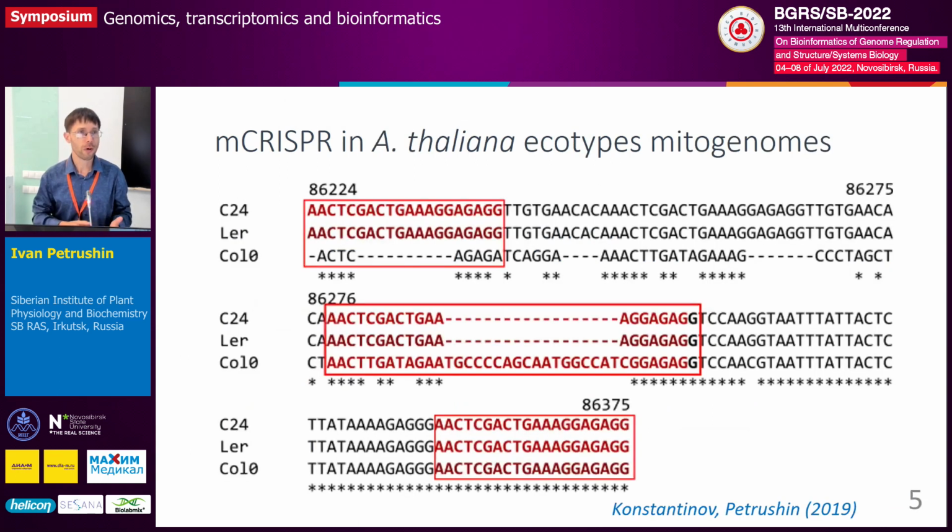You can see on the figure the structure of this CRISPR array. The direct repeats are marked with bold text and red bars, and you can see that for two ecotypes, C24 and Landsberg erecta, it is the same, but for the Columbia ecotype it is disrupted by mutations and insertions.